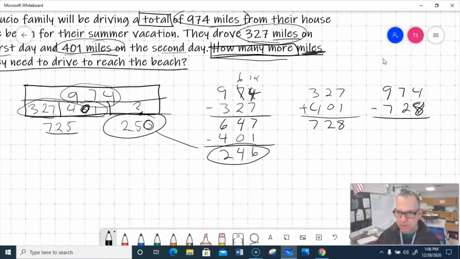I'm in the ones place right here, and I have 8 on the bottom, more on the floor. So I need to go next door. I'm going to take one of my 10s, which leaves 6 10s and gives me 14 ones. And then 8 from 14 is 8, 9, 10, 11, 12, 13, 14. That's 6.